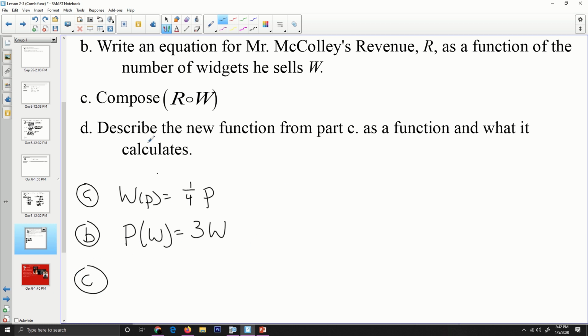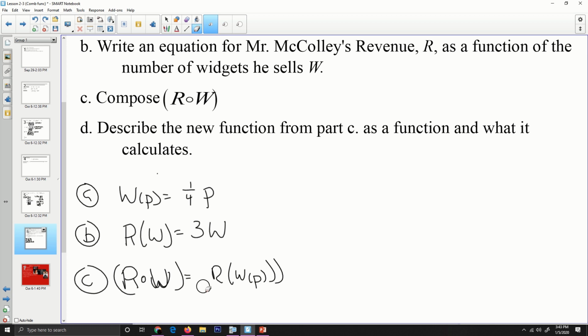And then for part C, it says compose R with W. So R, and this should be an R, I apologize. It says R is a function of W, so R is a function of W there. So R composed with W, it should be a capital W, would be R of W of P, and I guess I don't need those outer parentheses, so let's get rid of those. There we go.